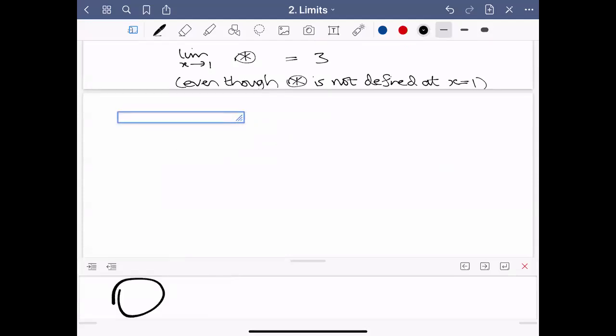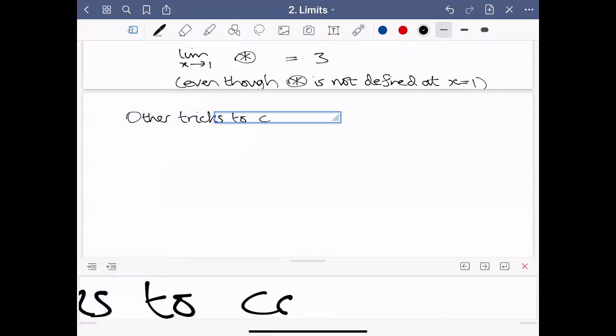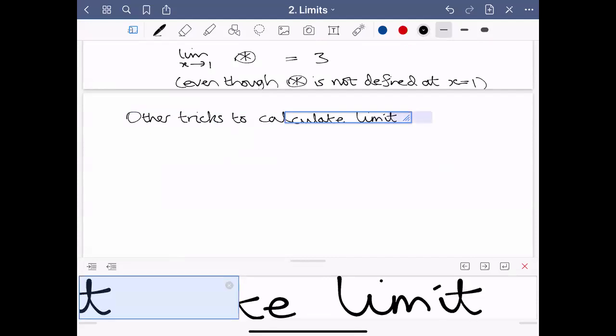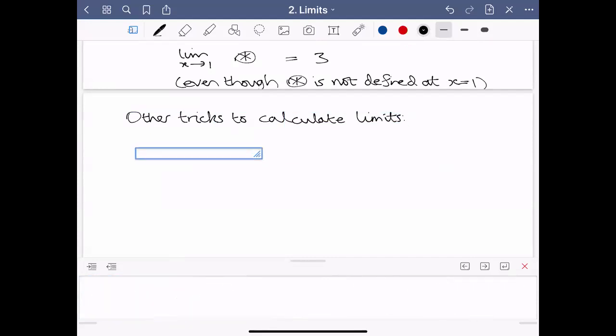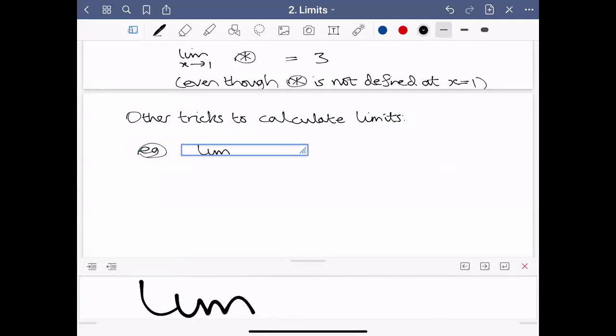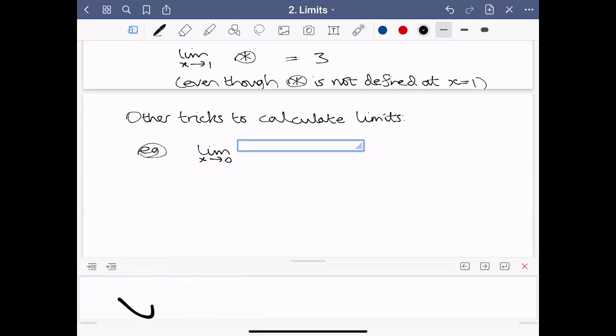Okay, so other tricks to calculate limits. For example, the limit as x goes to 0 of this.